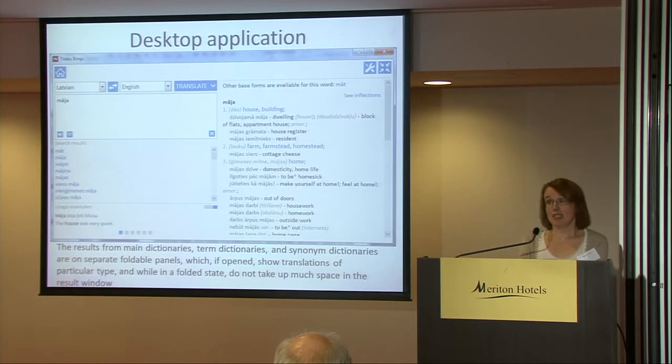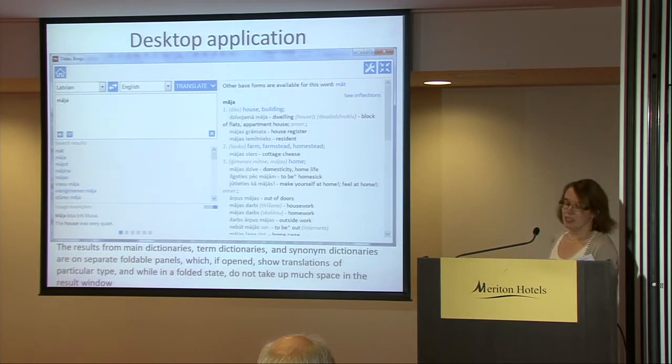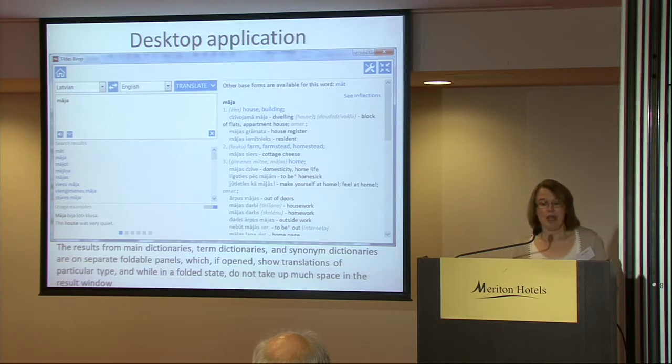So I said that if a user wants to find an answer always, he needs to have this dictionary on all devices he has. So therefore, our dictionary browser works on desktop computers, and there is again the screenshot. So it's again a consolidated result from different sources like translation dictionary, terminology dictionary, and so on.